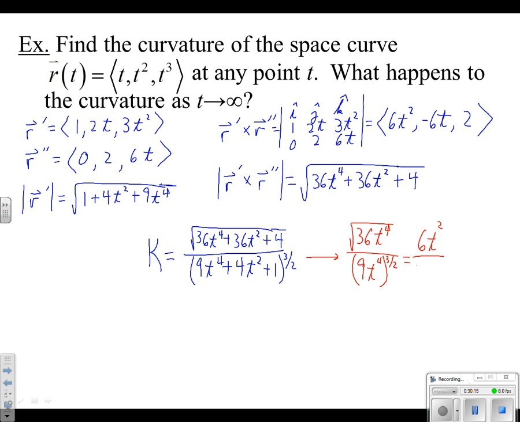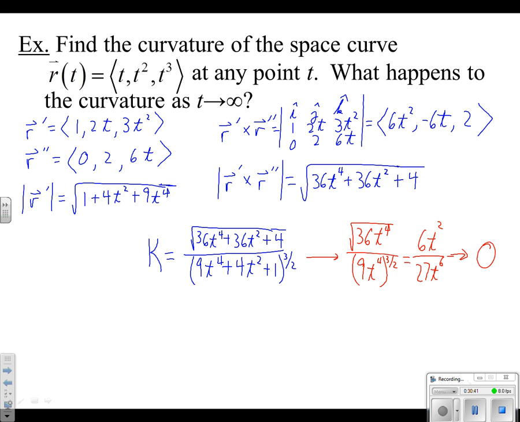The bottom's going to be 27t to the sixth. It doesn't matter what it turns into. This basically approaches 0. So this tells me that as t goes to infinity, as we let time go on forever, this will flatten out. Basically, this will become as close to linear as it can get. The curvature will approach 0.